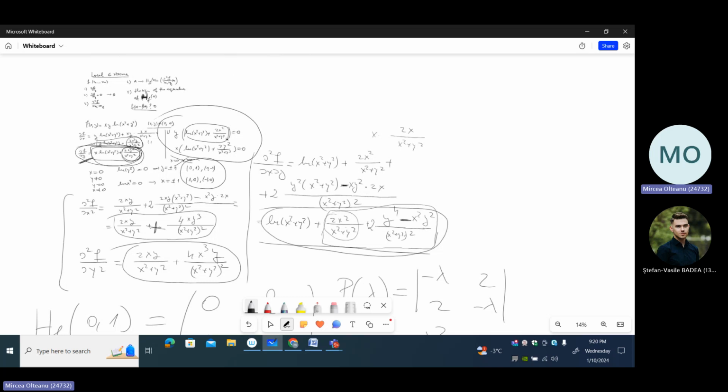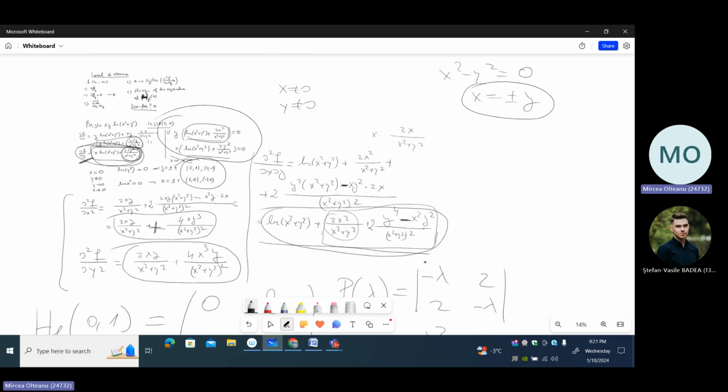What I can see from here, if for instance these two parentheses vanish, so if x is different from 0 and y is different from 0, then these two parentheses must be 0. So the subtraction must be 0, which means that finally the logarithm vanishes and we get that x squared minus y squared must be 0, which means x equals plus or minus y.